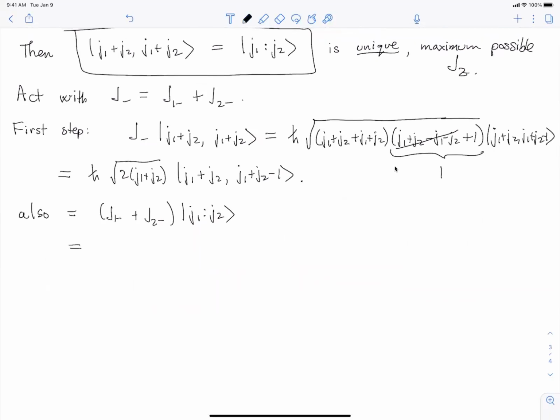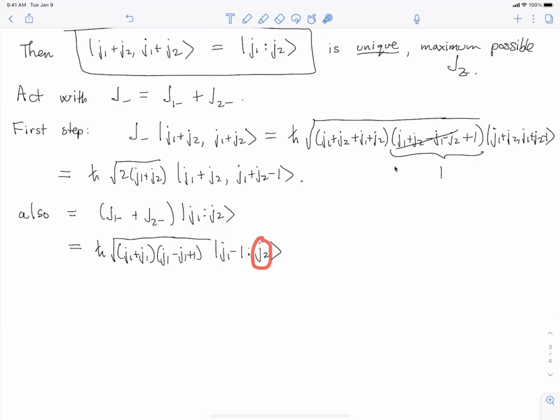So this is equal to h bar square root of J1 plus J1, J1 minus J1 plus 1. This is all using our general formula for what J minus does. That's on the J1 basis. Notice the J1 minus only acts on the first slot, so it only lowers J1, it just completely ignores J2.